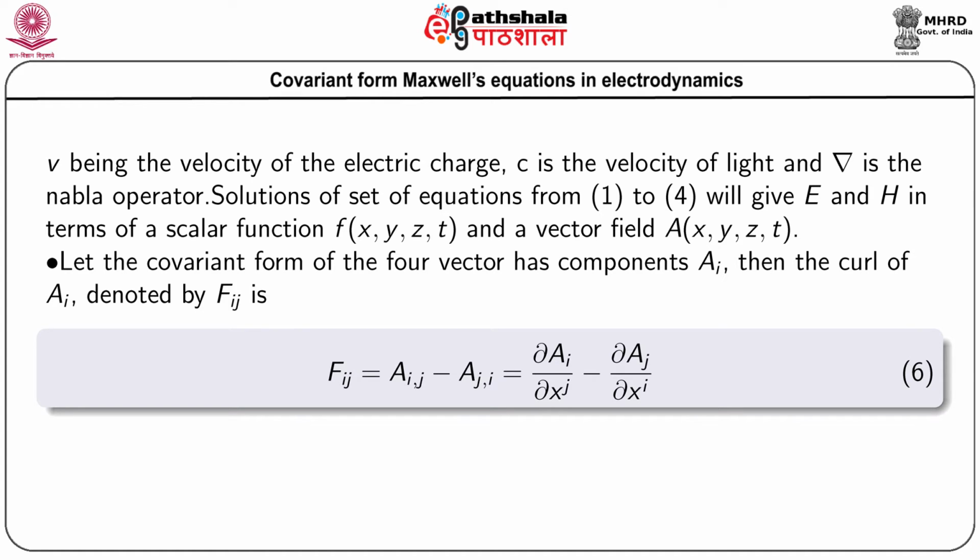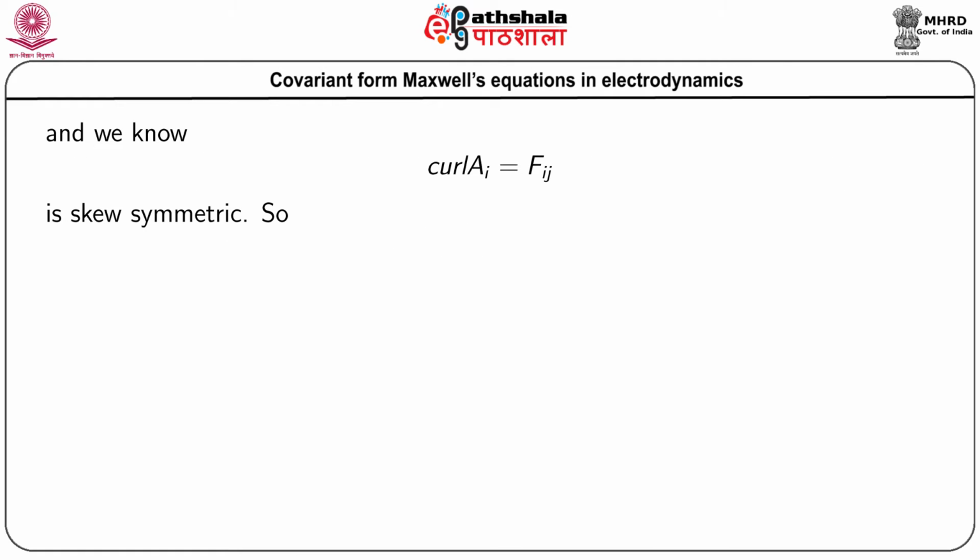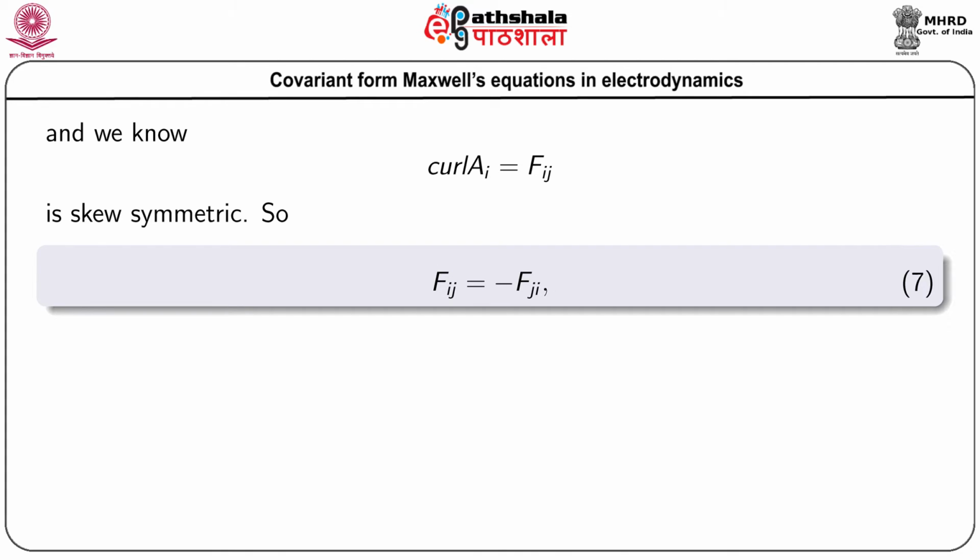And we have also obtained this expression that F_ij is del A_i by del x_j minus del A_j by del x_i. So, as an exercise we have done this relation previously. So, curl A_i is F_ij and it is a skew symmetric. So, F_ij equals to minus F_ji.